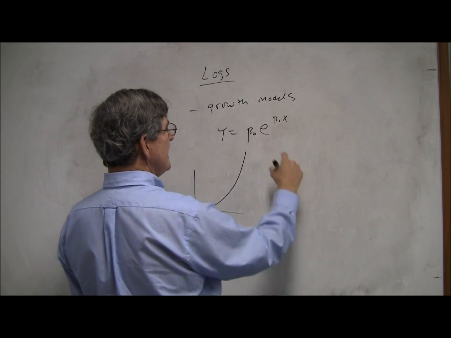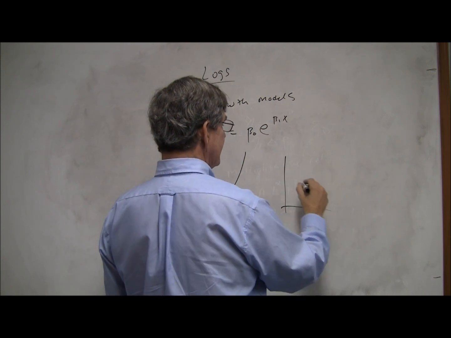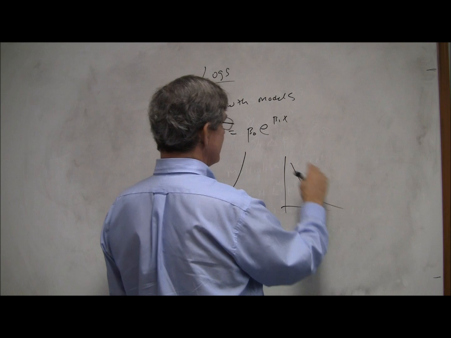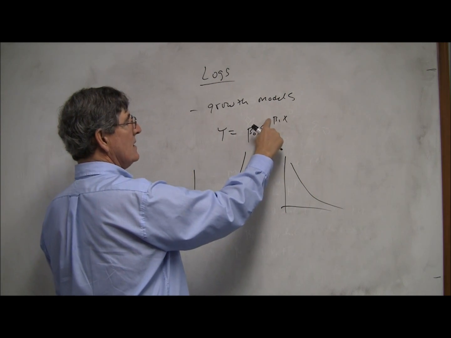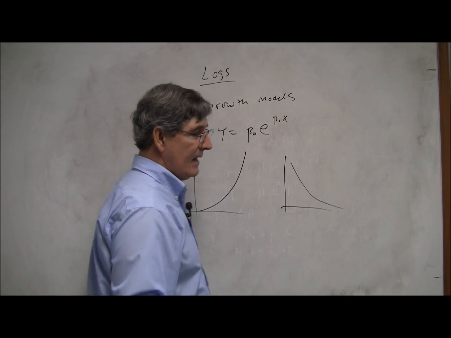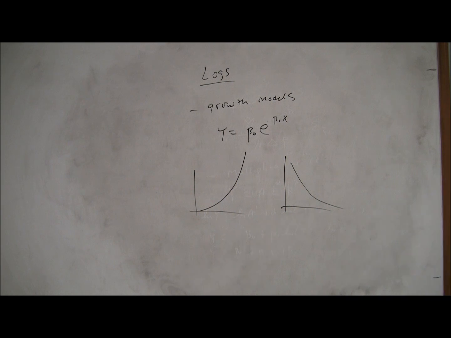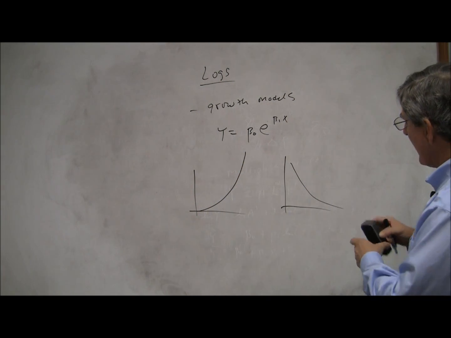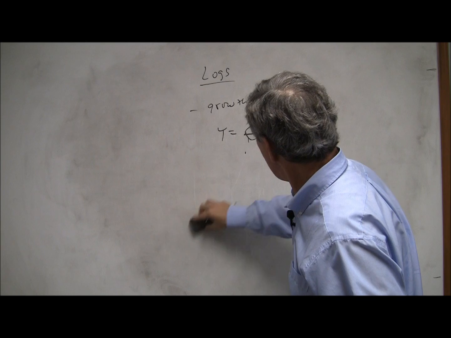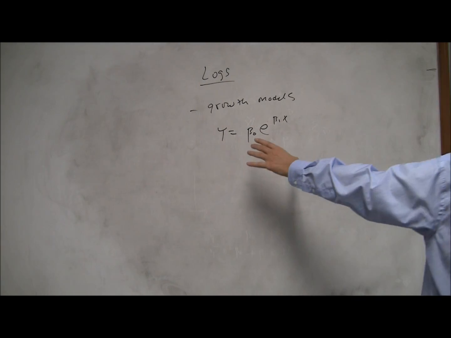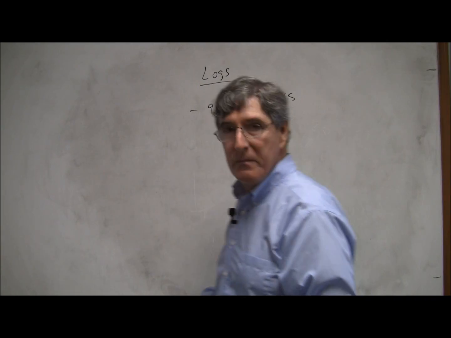If I make this negative, then you get a decay over time. It's called a decay rate. So if beta 1's negative, you get a decay rate, and if beta 1's positive, you get growth, like population growth or something like that. And so growth models are almost always of this form.